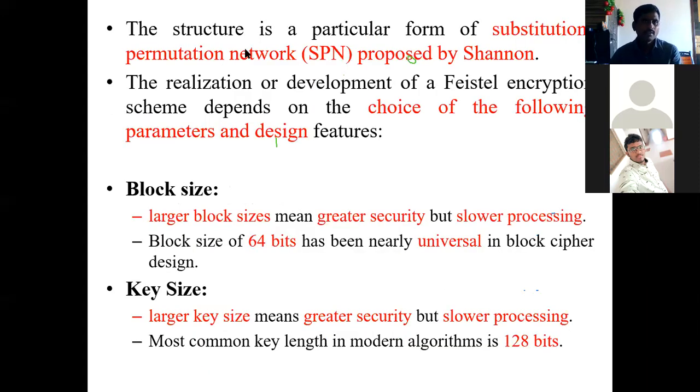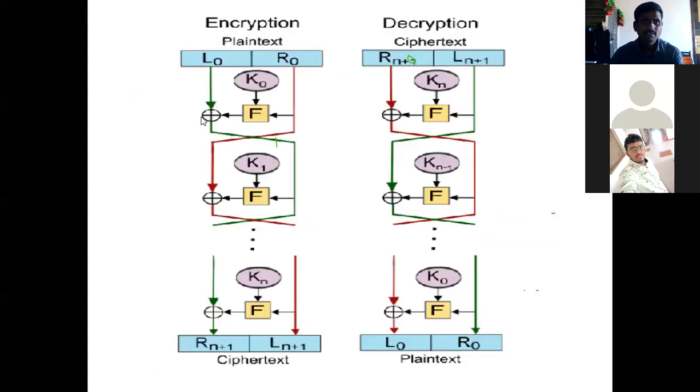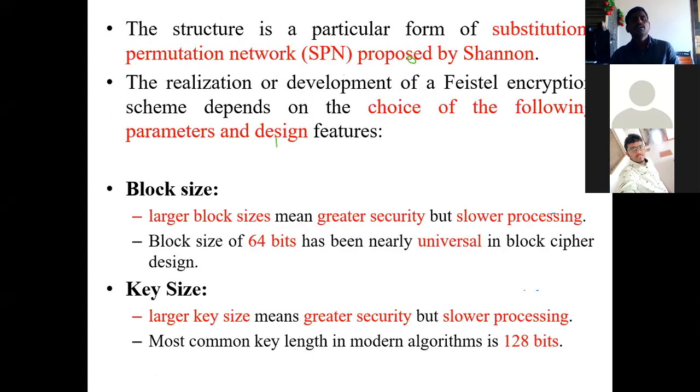In the next slide, we are going to discuss the substitution and permutation network which is proposed by Shannon. Here the development of this encryption structure depends on some parameters and design features. We will consider the impact of these parameters and design features.